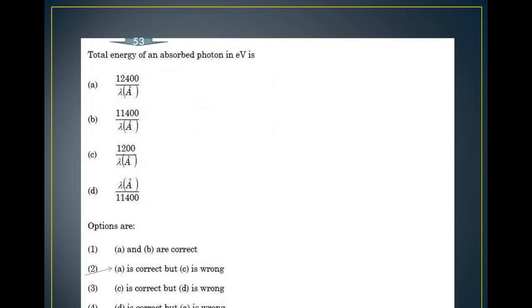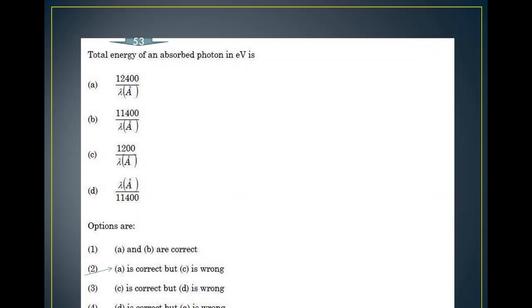The total energy of an absorbed photon in electron volt is a simple mathematical formula. Option A, 12,400 upon wavelength in angstrom. B, 11,400 upon lambda in angstrom. C, 1200 upon lambda in angstrom.